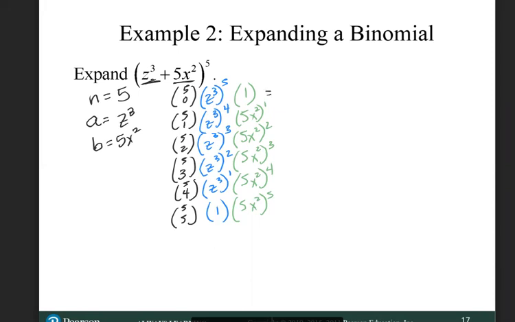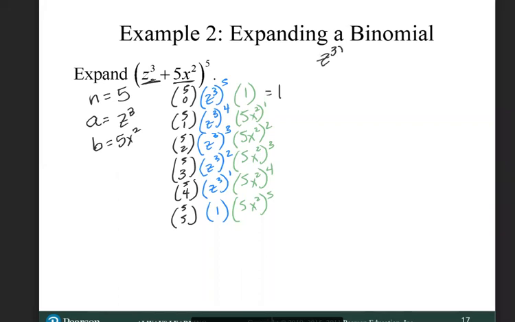5 choose 0 is 1. Z cubed to the fifth. Now remember that means z cubed times z cubed times z cubed times z cubed. Hold on, let me rewrite that.